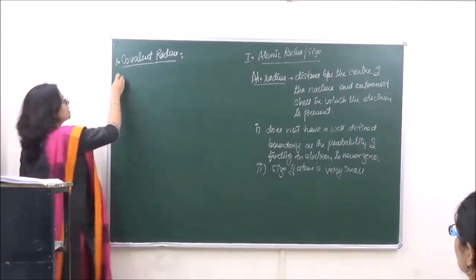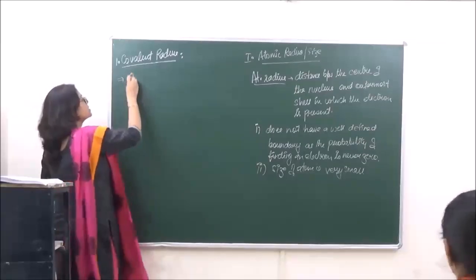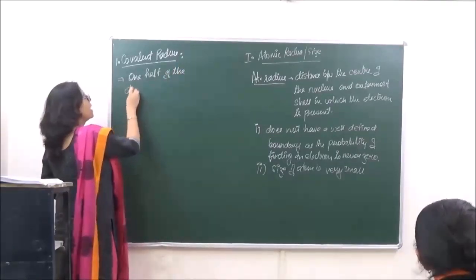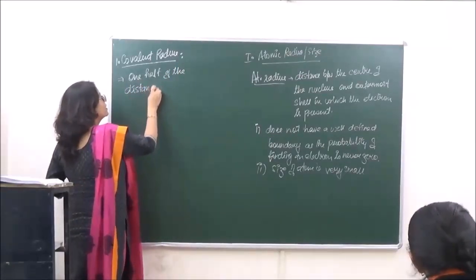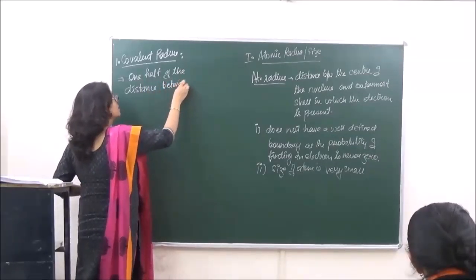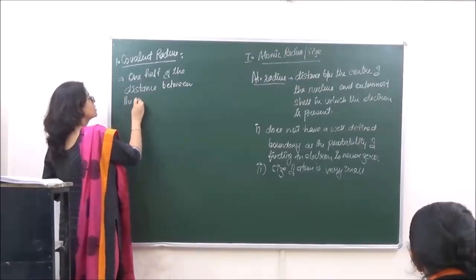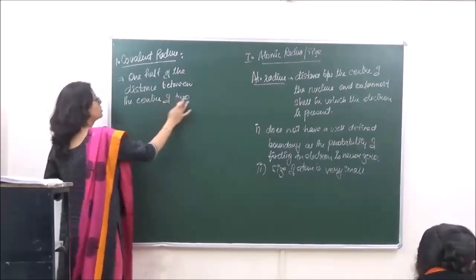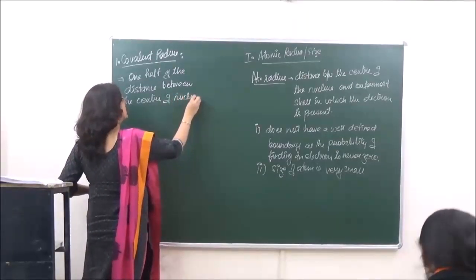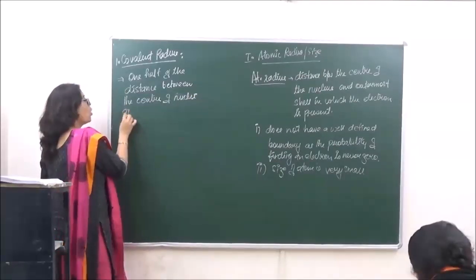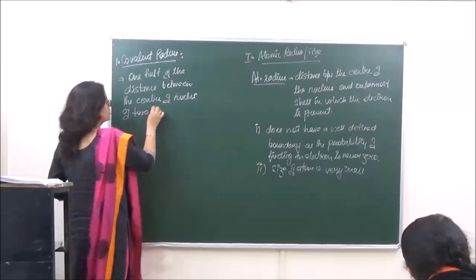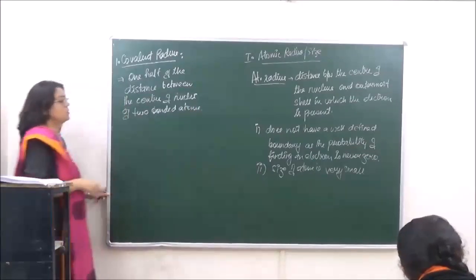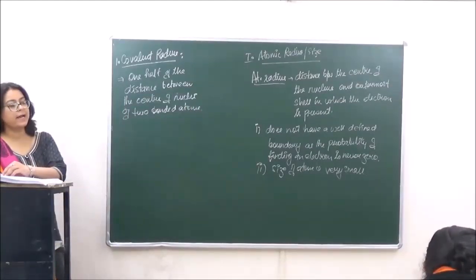It is one-half of the distance between the centers of nuclei of two covalently bonded atoms. Two covalently bonded atoms, right?